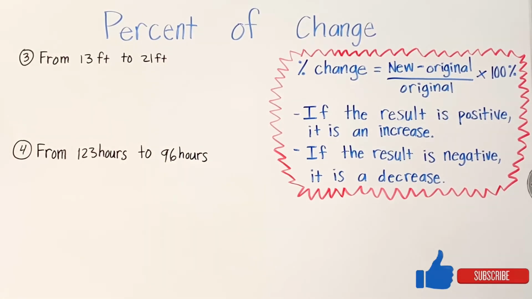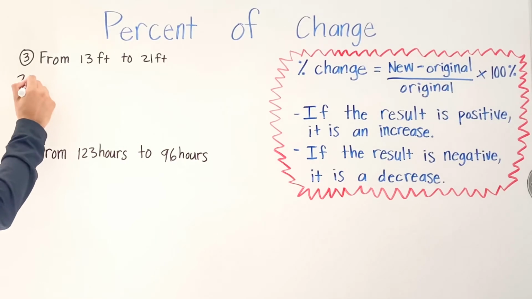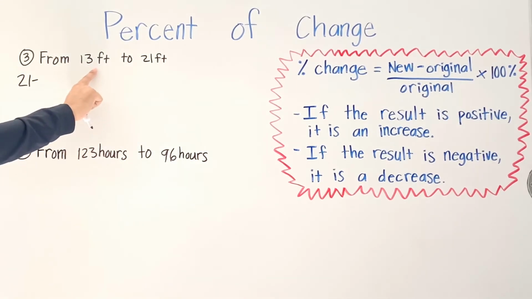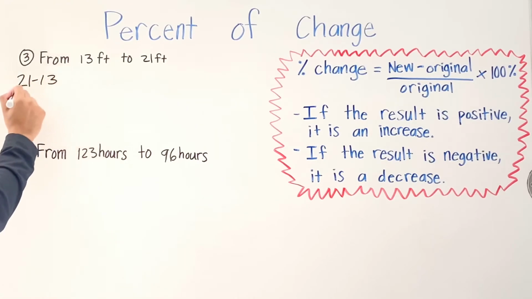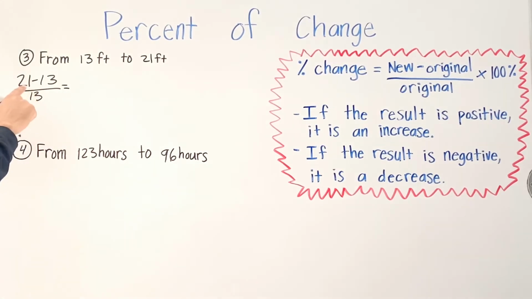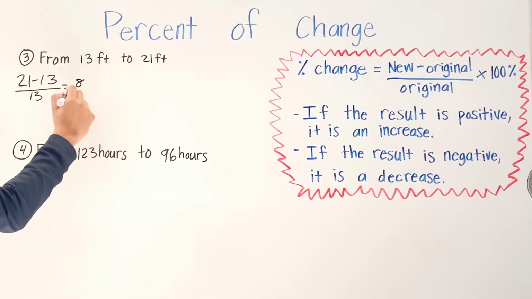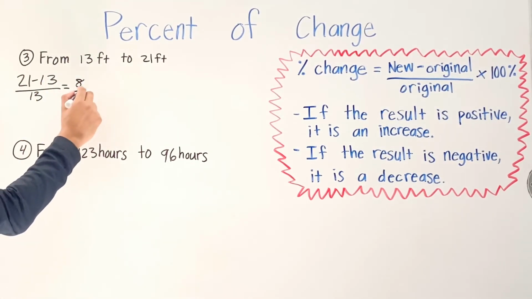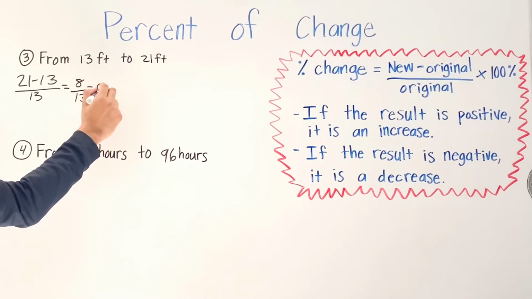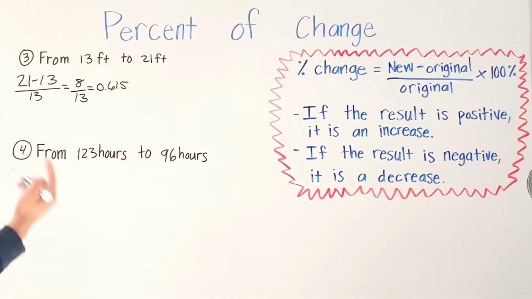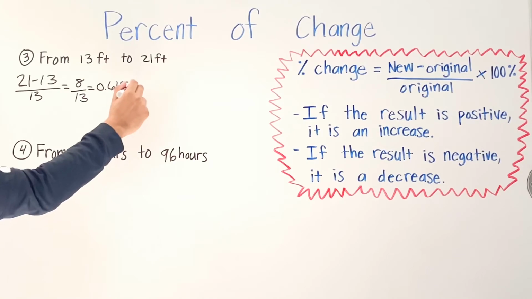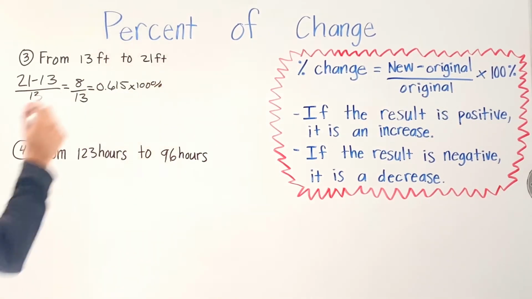So let's start with number 3. We start with our formula on the right hand side, which is our new, which is 21 minus our original, which is 13, divided by our original, 13, equals. When we subtract 21 minus 13, we're going to get 8 over 13, which gives us about 0.615. Now we multiply that by 100%.